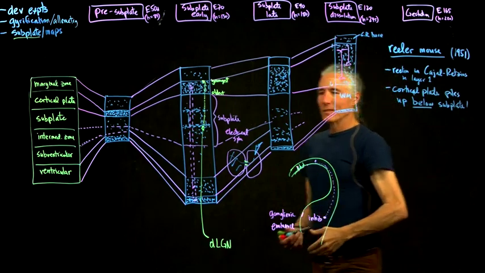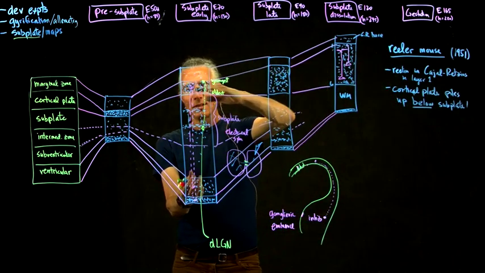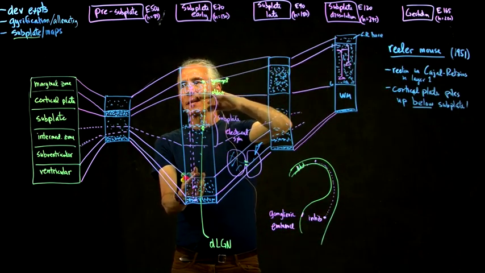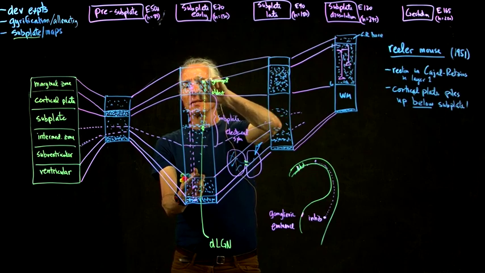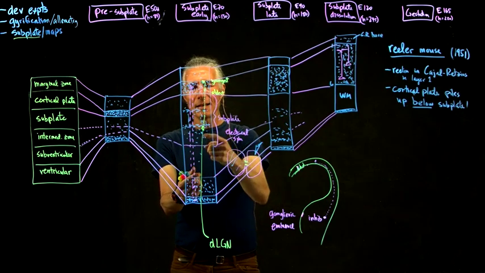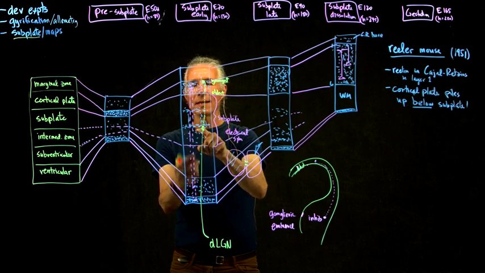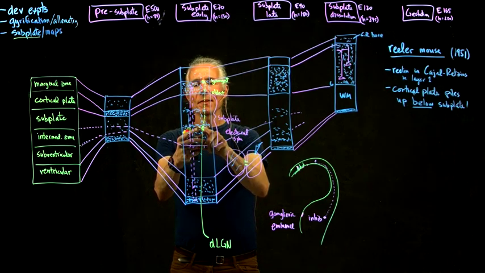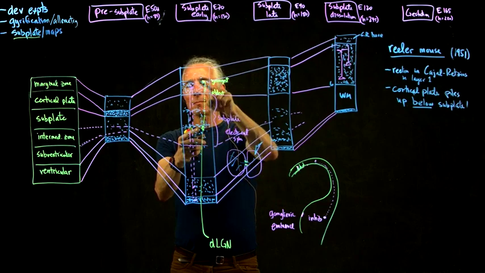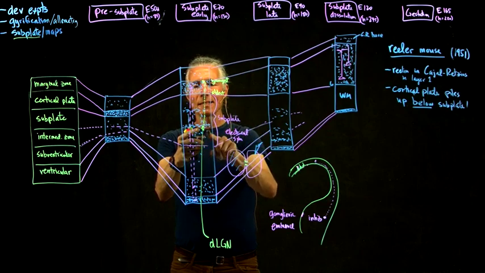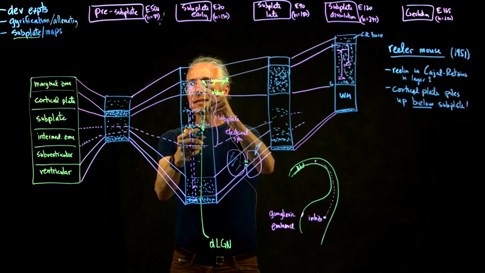That means, so normally what's happening here, you've got this giant subplate thing here, and then here's the plate. So the axons come in, they attach to cells in the subplate, and then eventually the cells in the subplate migrate up into the plate, and the connections break with them down here, and then they actually go up and connect to cells in the plate.